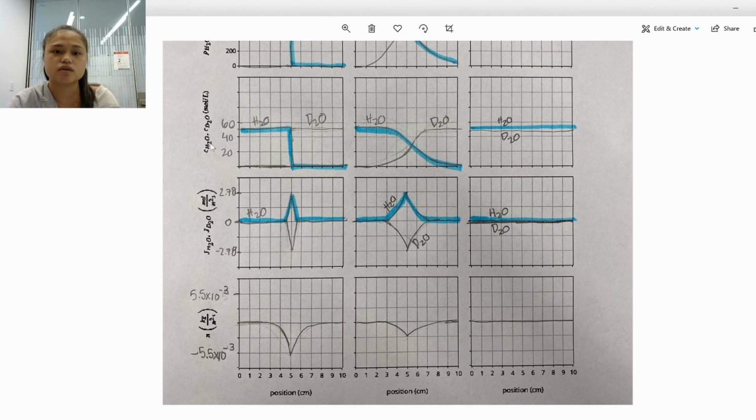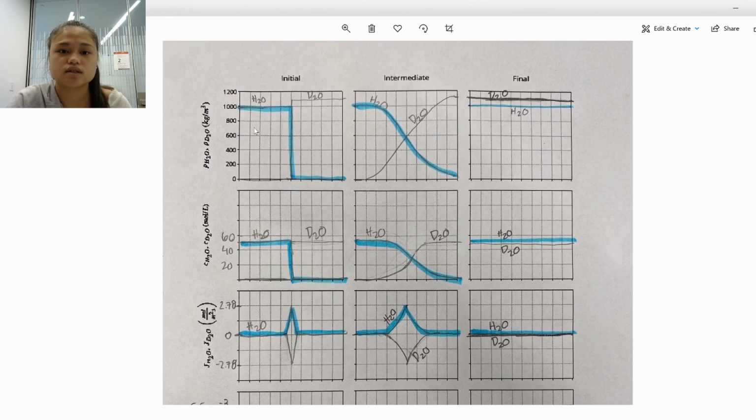And then we're going to look at the mole concentrations, and if you look at this, it's really similar. It follows the same concept. The water goes from a pure molar concentration of H2O to 0 concentration, because there is no H2O on this side as of yet at 0.1 seconds. And same thing for the deuterium oxide.